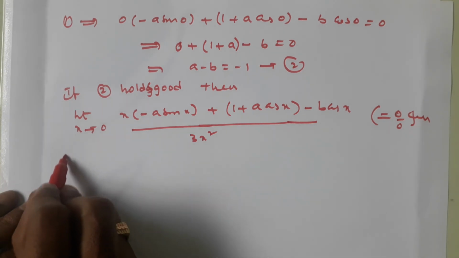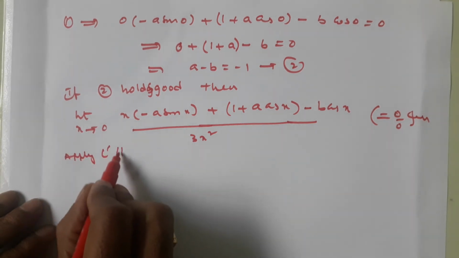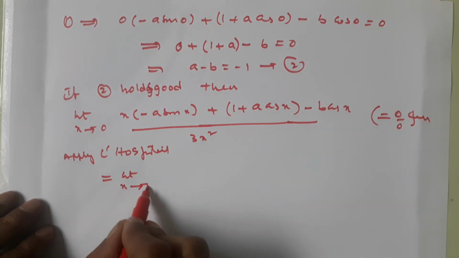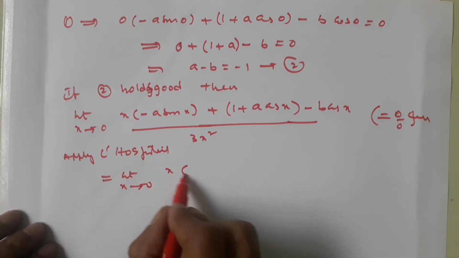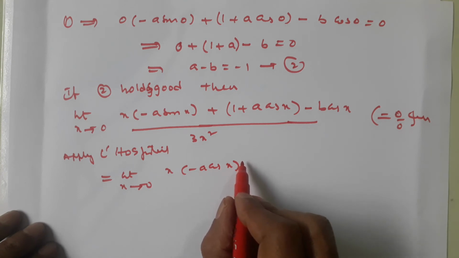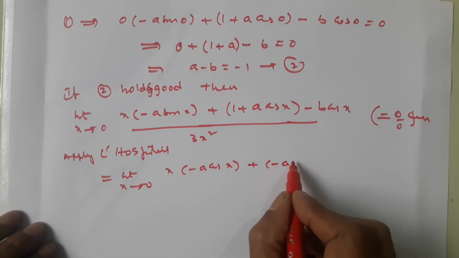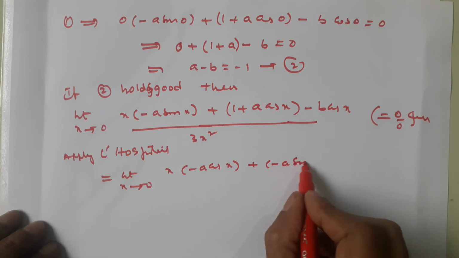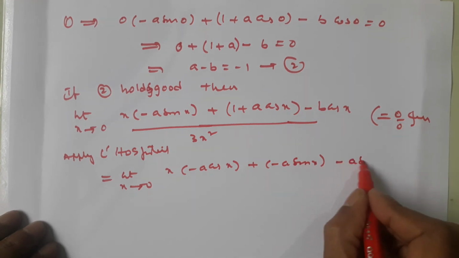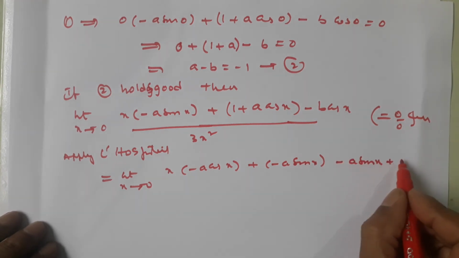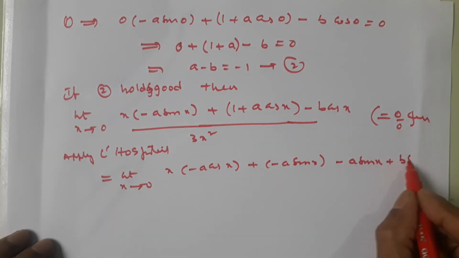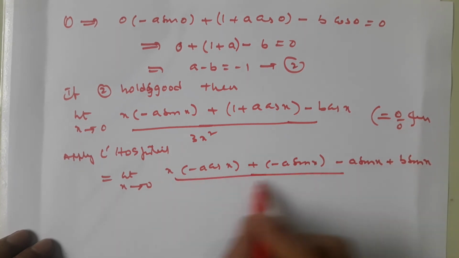Apply L'Hospital, so that is equal to limit x tends to 0, x into minus a cos x plus minus a into sin x, UV method, minus a sin x plus this differentiation, plus b sin x, whole divided by 6x.